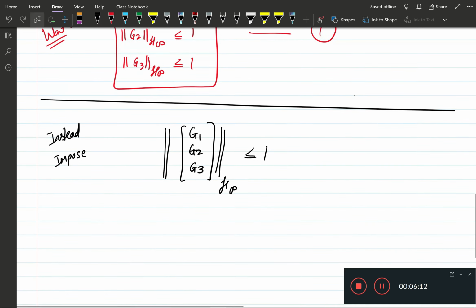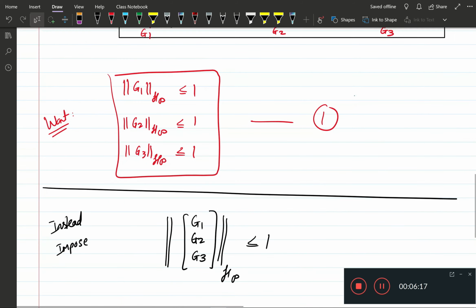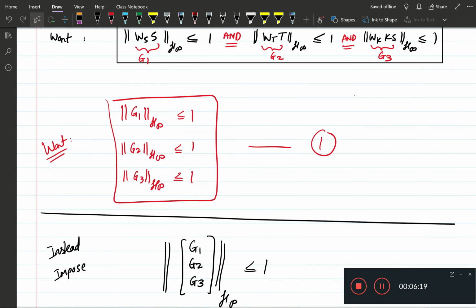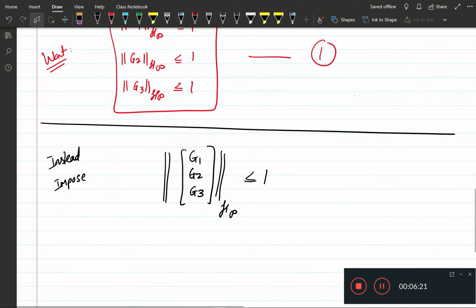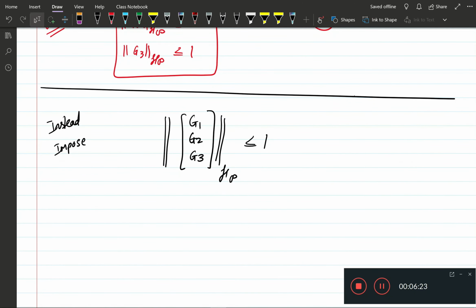So now this is a MIMO system. We had a seesaw system, and we wanted 3 conditions to hold, and now we define a new MIMO system, which is a single input 3 output system. We want the H infinity norm of this to be less than 1.